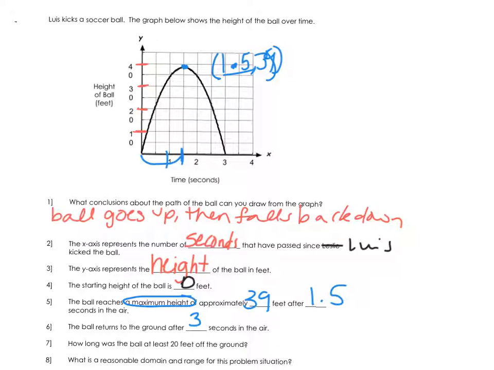So this is what I'm going to do. I'm looking at how long it is 20 feet or more off the ground. It's 0.5, so from 0.5 to where? To 2.5.